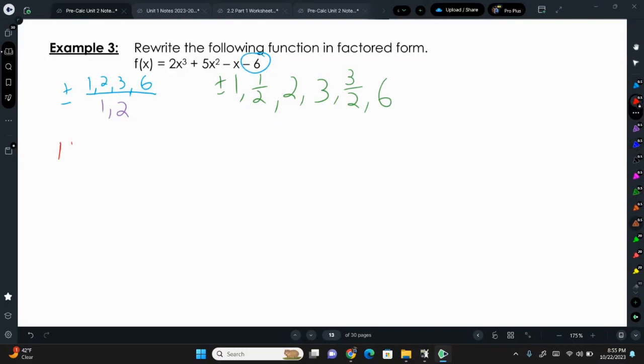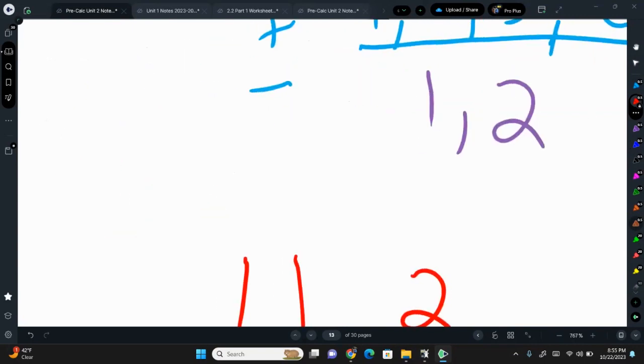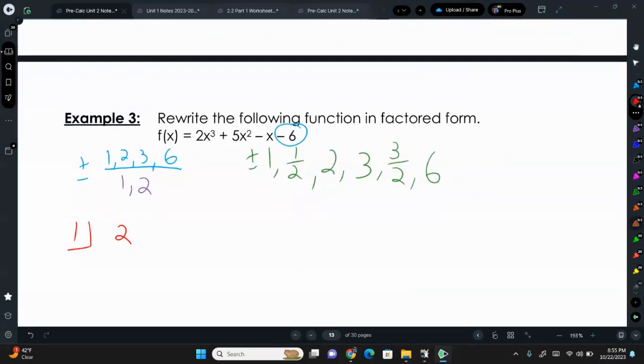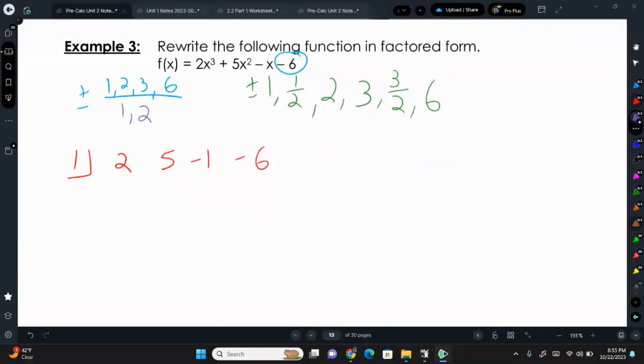So we'll start with 1. And then our coefficients 2, 5, negative 1, and negative 6. So we'll bring down the 2. 2 times 1 is 2. 5 plus 2 is 7. 7 times 1 is 7.